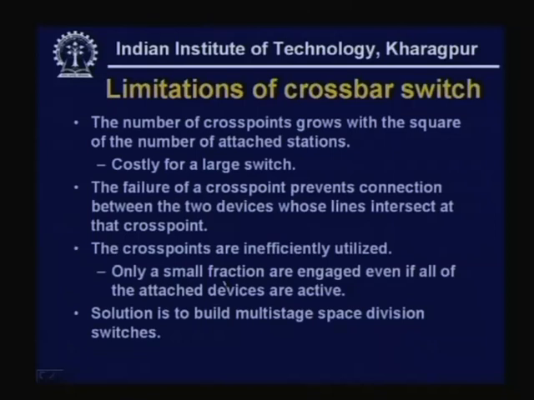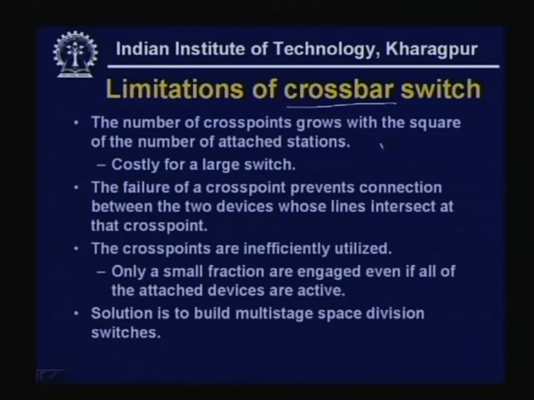Now, let us focus on the crossbar switch and what kind of limitations it has. As we have seen, the number of cross points grows with the square of the number of attached stations. So obviously, as the number of inputs and outputs increases, the cross points increase at the rate of the square.